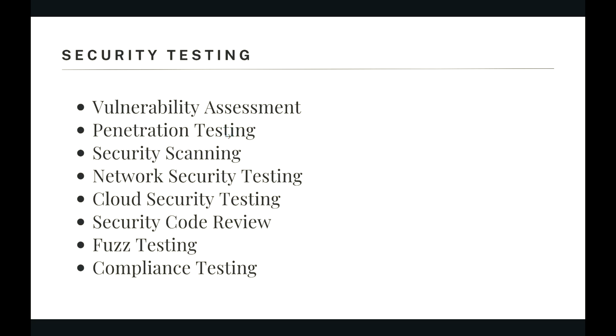Penetration testing or pen testing is done by skilled testers. They simulate real world attacks to identify vulnerabilities that might not have been discovered through automated scans. Then there is security scanning, network security testing, cloud security testing, compliance testing and security code review.